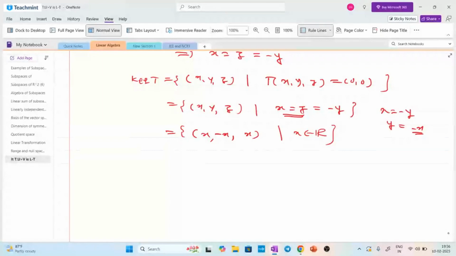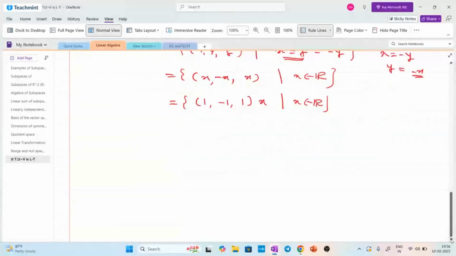Okay, then that is equal, here x equal to x, keeping it as it is, y equal to minus x, z equal to x. Then you take x common: 1 minus 1 1 remaining, x is common, take outside, that x belongs to R. Then the set of all 1 minus 1 1 into x, where x belongs to R. This implies that this is a linear combination of the vector 1 minus 1 1.